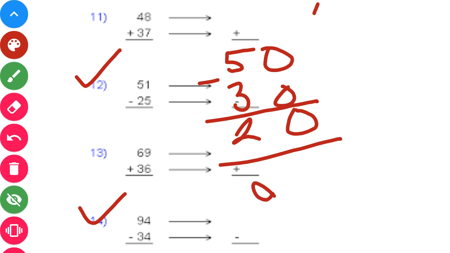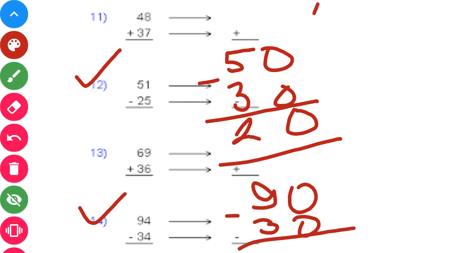So 94 will become 90 and 34 will become, tell me, 34 will become 30. Now 90 minus 30, how much will we get? Subtract 30 from 90. How much will we get? We will get 60.